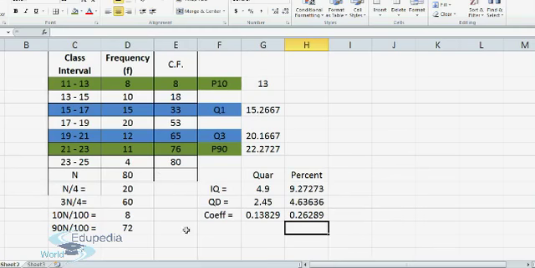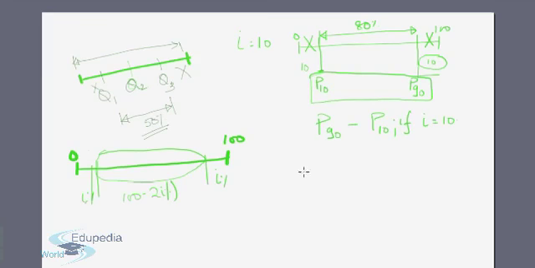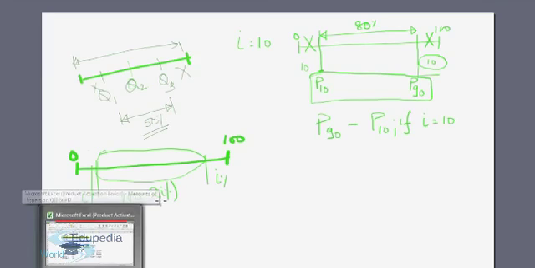Alright, so hope this is clear, and this is the simple treatment which we have for quartile and percentile deviation.